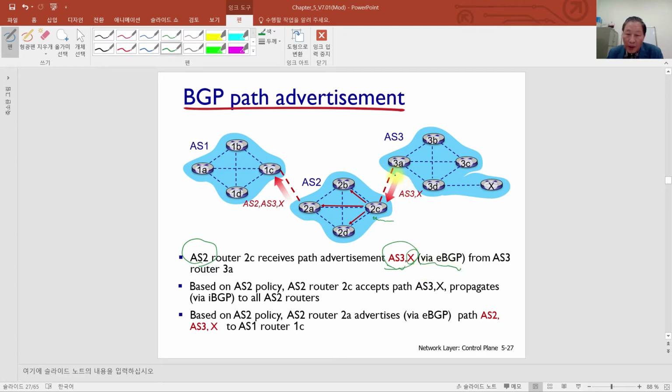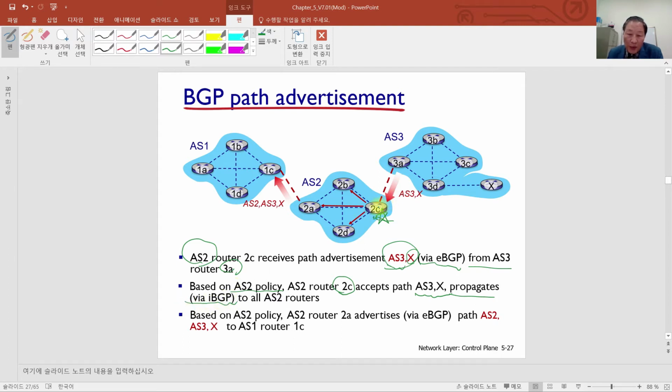Via eBGP, that information was given here from AS3 router 3A. This is called, in other words, a gateway. And that information should be distributed to other internal nodes in autonomous system 2. Based on AS2 policy, AS2 router 2C accepts the path AS3 X and propagates it. When propagating that information internally, it uses iBGP.